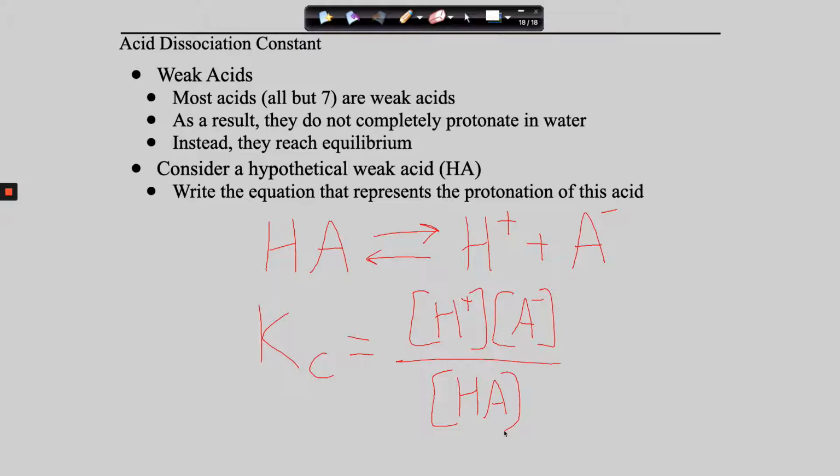Now guys, did any of you have a little hesitancy when you were writing down the denominator of this fraction based upon what we ran into with water? Remember how in water we got rid of the denominator because it was a pure liquid and as a result doesn't show up in the equilibria? Does the HA show up in the equilibria?